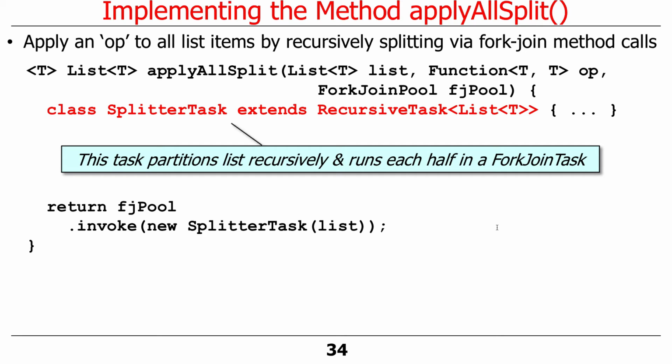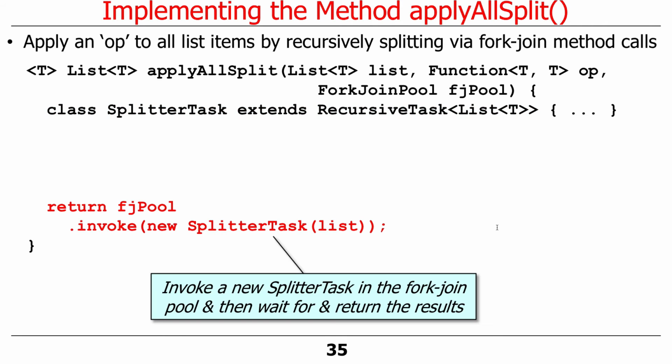Each of those fork join tasks will further split their sublist into sub-sublists and run those in fork join tasks. Then those will split again into sub-sub-sublists, and so on and so forth. And so you'll see how this works.